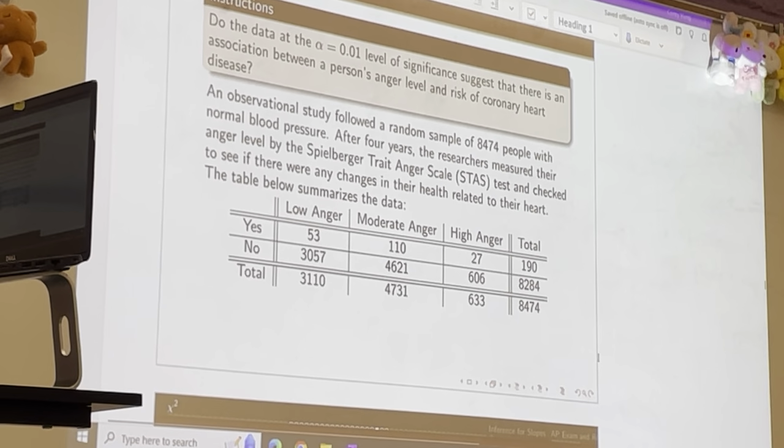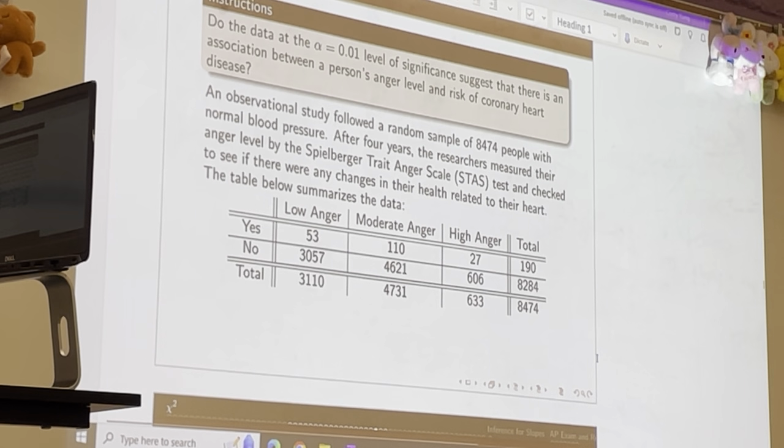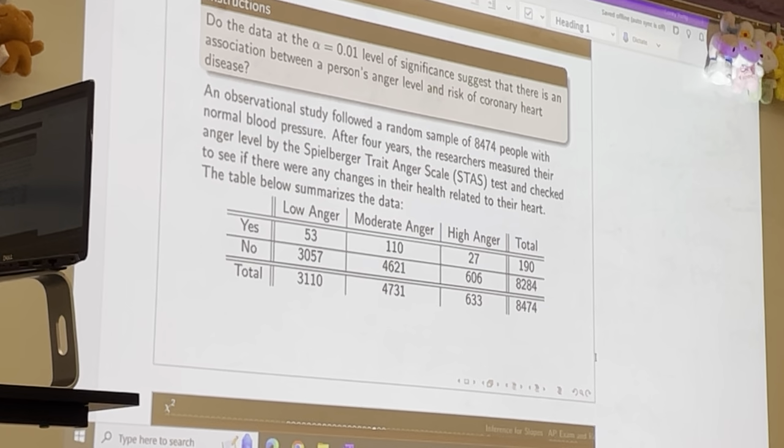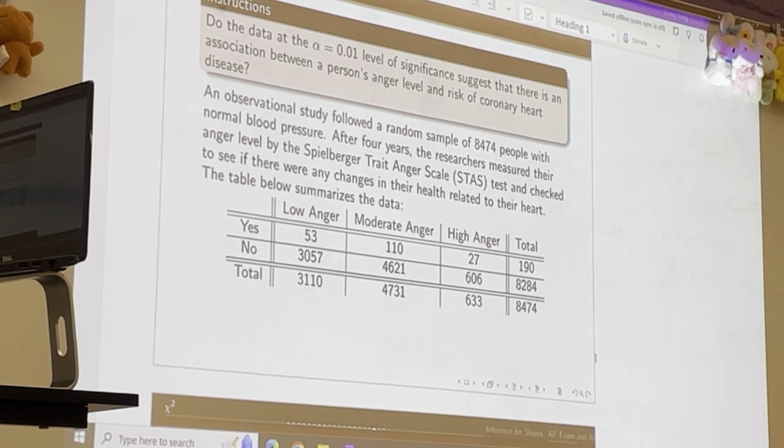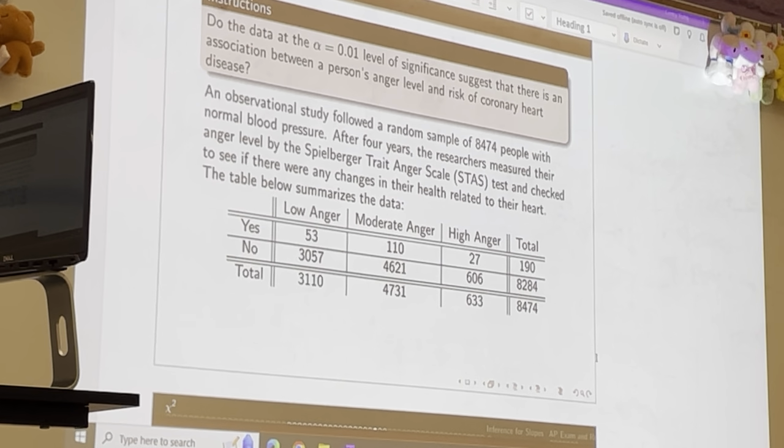All right, so again, these problems don't require a whole lot of deciphering. The information is all there in that table, we have everything we need. So this is one of those cases. This is unlike tests for proportions and means.